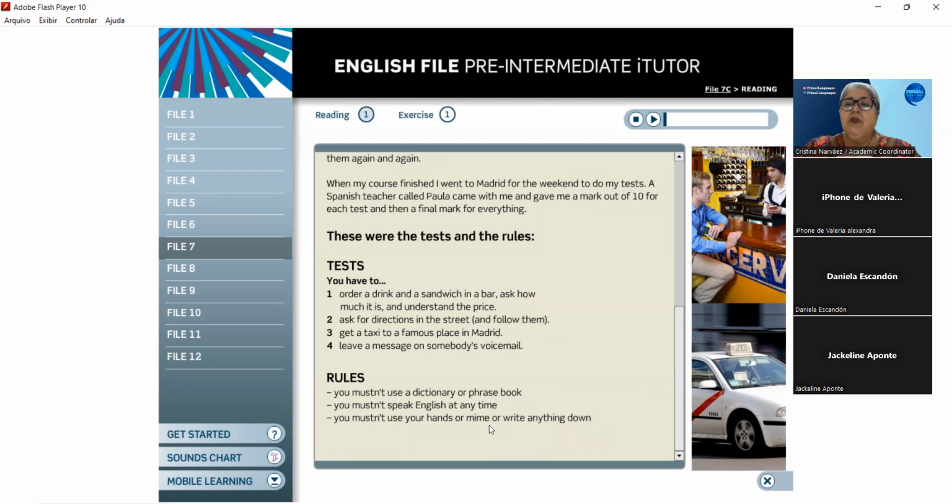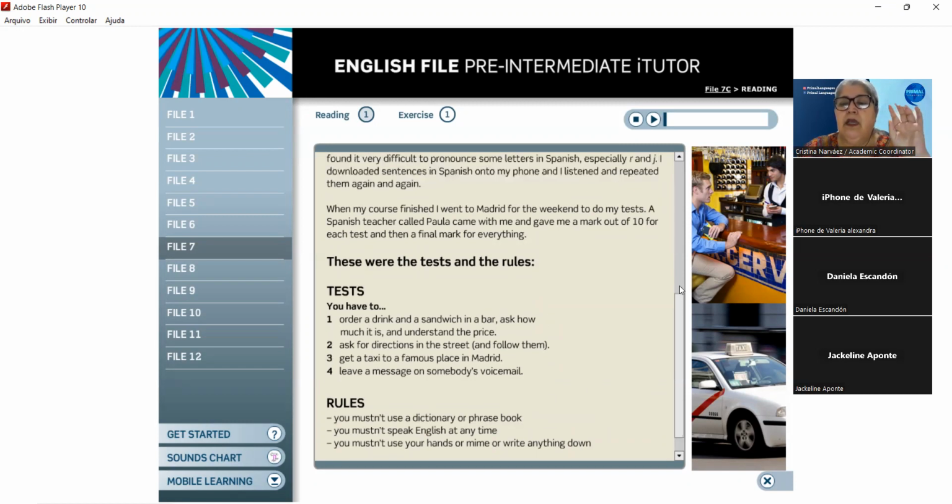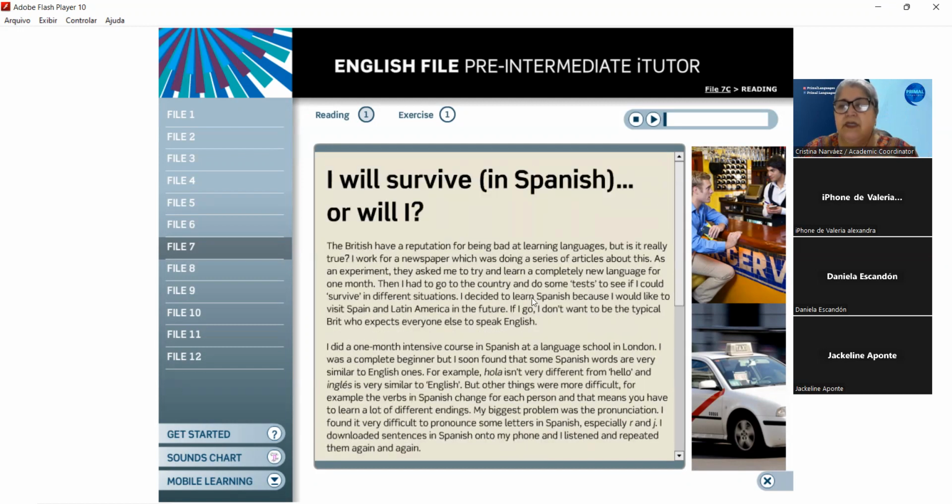O sea, esta persona no puede hacer mímica ni hacer ningún gesto, sino que tiene que hablar en español. Y créanme que los gringos sí pasan malos ratos aprendiendo inglés justamente por esto que él dijo, que cambian. Each person is different, with different endings.